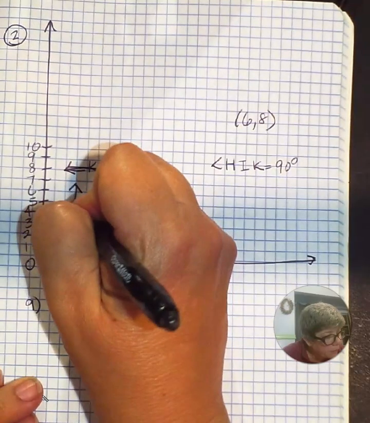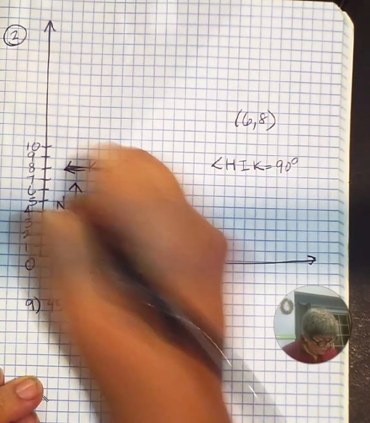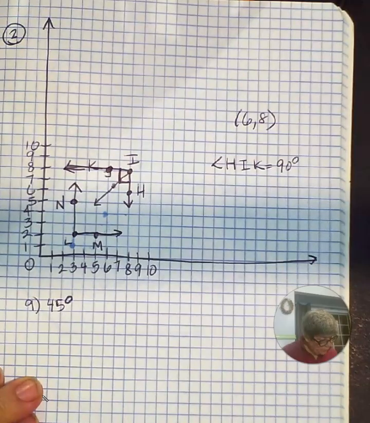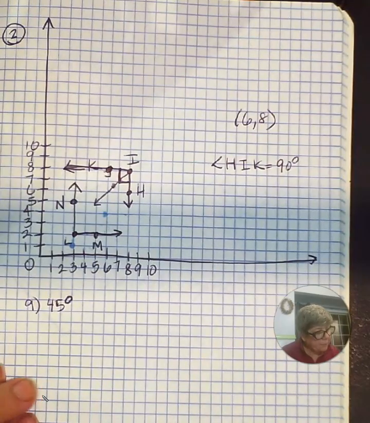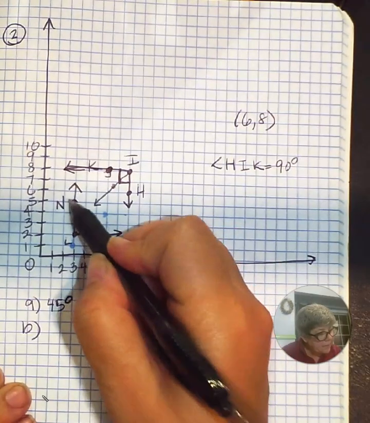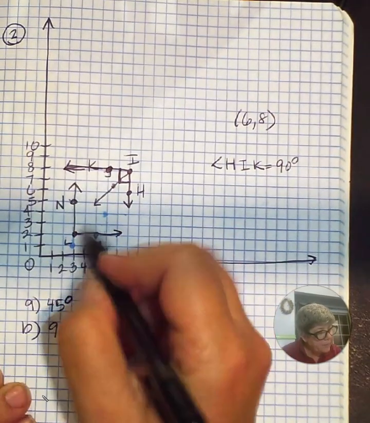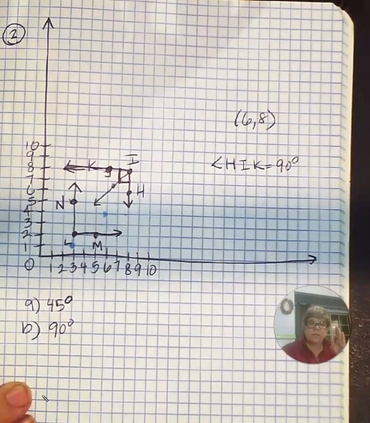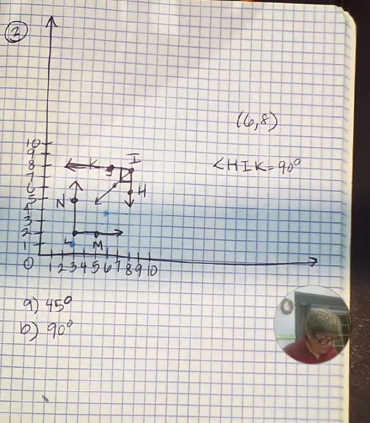I'm going to put mine right here. You put yours where you want. Okay, very good. Draw line LN. Okay. What is the measure of MLN? That's letter B. MLN is 90 degrees, right? We can see that it's making a horizontal and vertical meeting at a right angle.